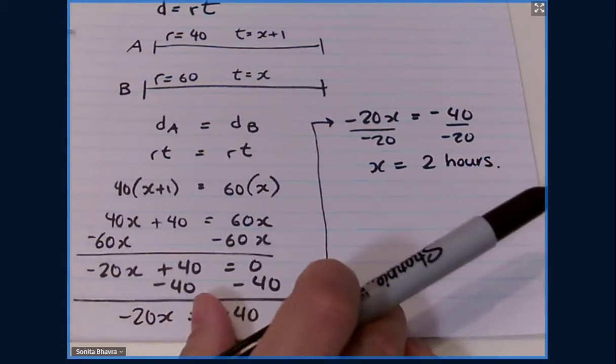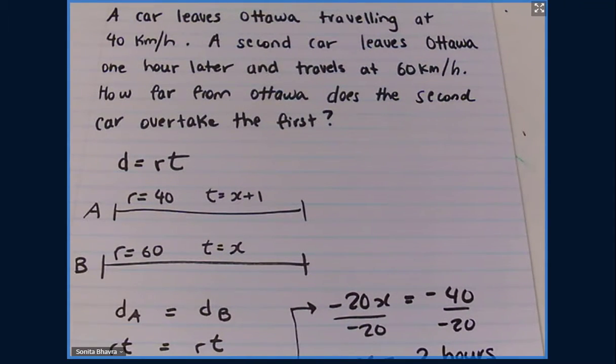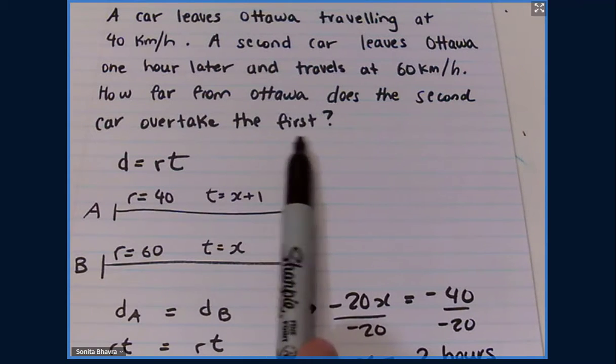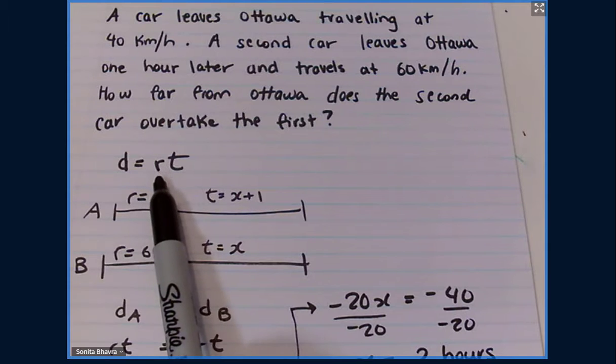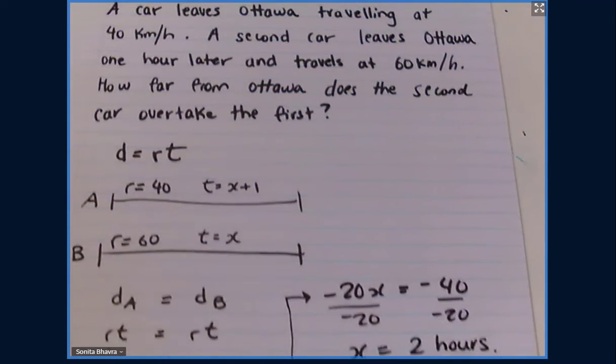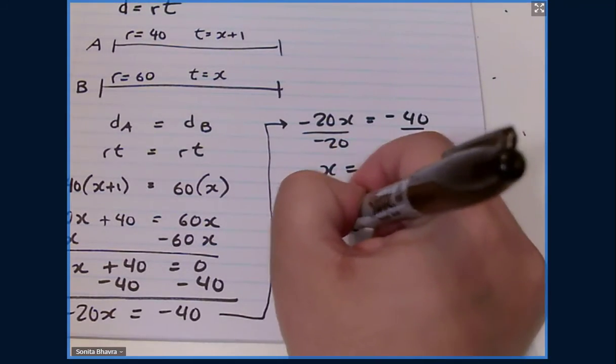But if we go back to our question, the question is asking how far from Ottawa does the second car overtake the first, which means we're looking for distance. So we have to multiply rate times time. Our distance will be RT.